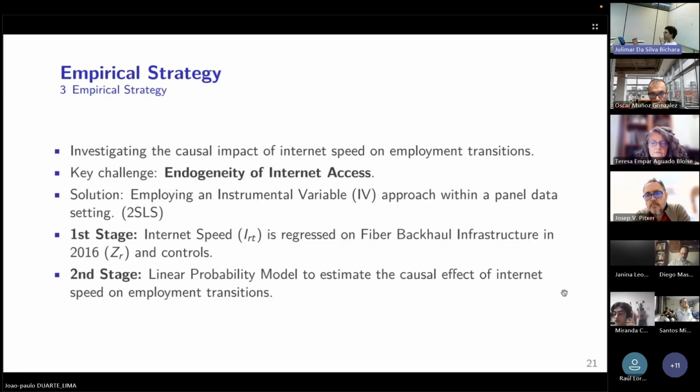The idea is that having access to the fiber in 2016 will explain your internet speed today, but will not explain the informal labor market today. So the idea here is that I have a source of exogenous variation coming from this.